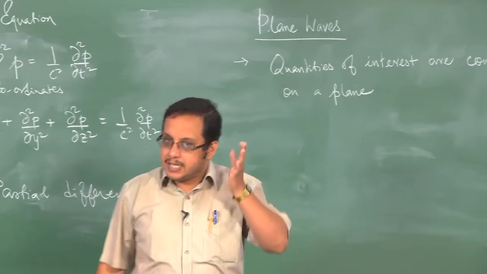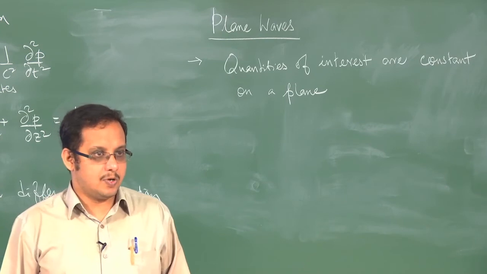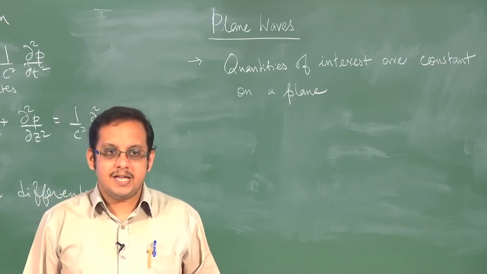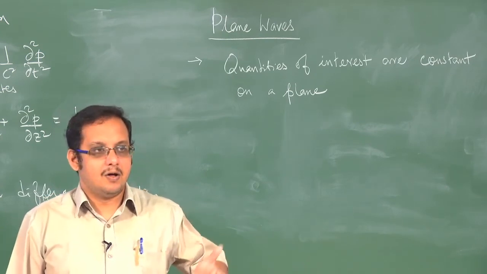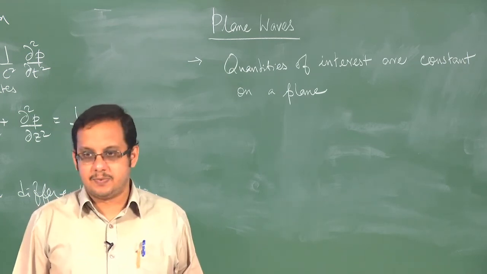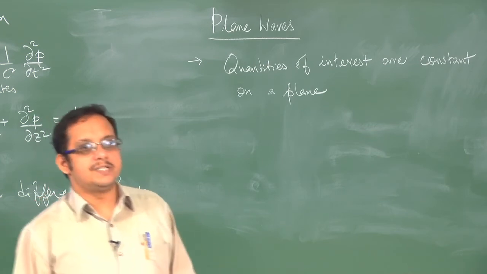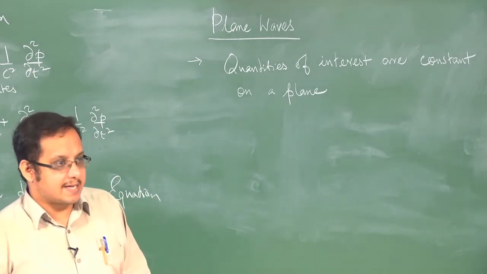Let us say that this plane is the YZ plane. Any quantity that you are interested in when we are talking about plane waves will not change in the YZ plane. If at all it changes, it will change normal to that plane, which means it will change only along the x direction.